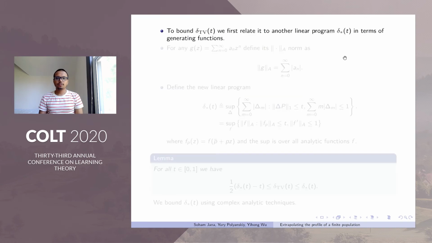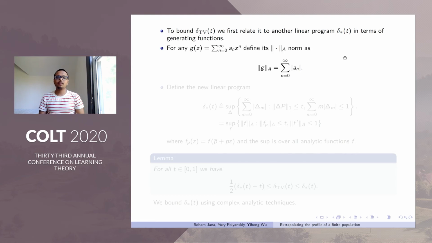So to bound delta TV, we first note that delta TV is a much more difficult linear program because it depends on optimizing over a set of PMFs. So instead, we try to relate it with another linear program, call it delta star, which is defined in terms of generating functions and possibly can be computed easily as well.